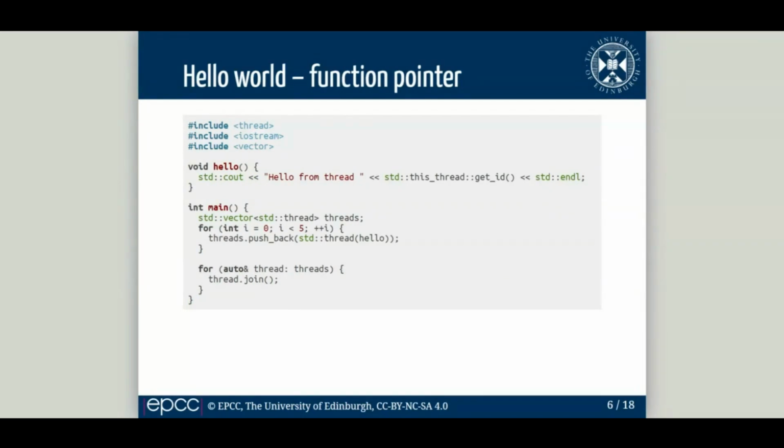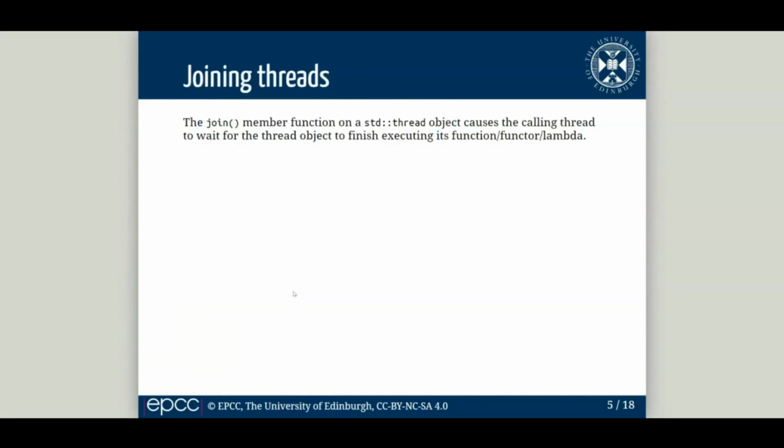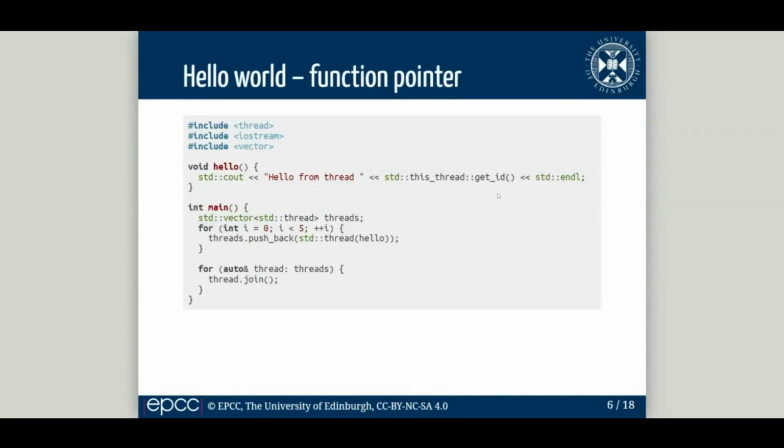There is a question: are the thread IDs sequential? I would say no, I think you get a different number. There is a possibility that when you create a thread, you can specify the thread ID. We will see that later, but normally no, you don't.